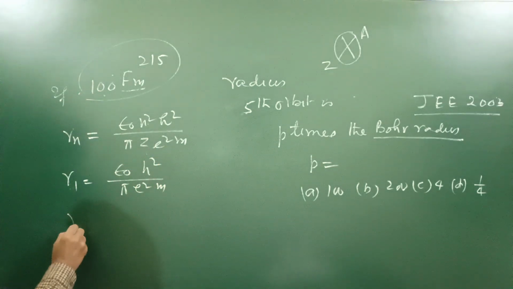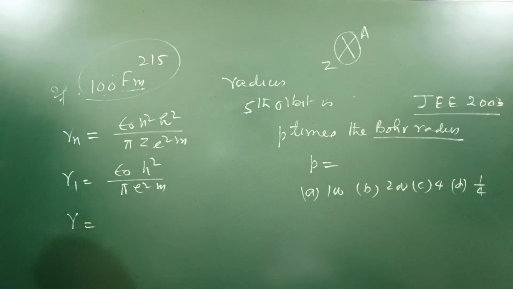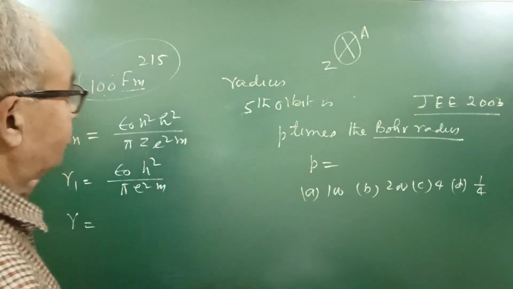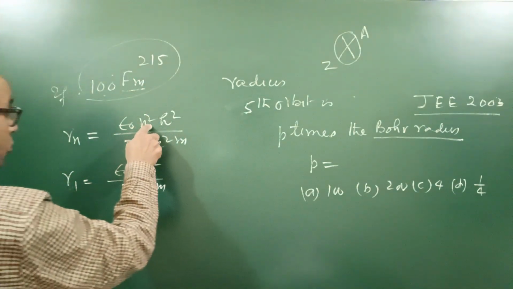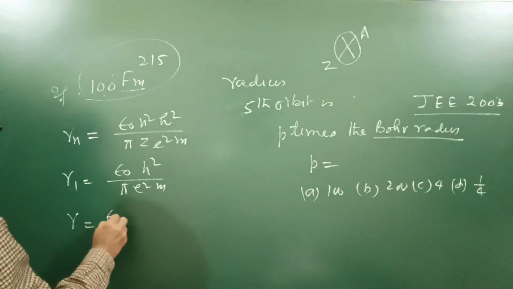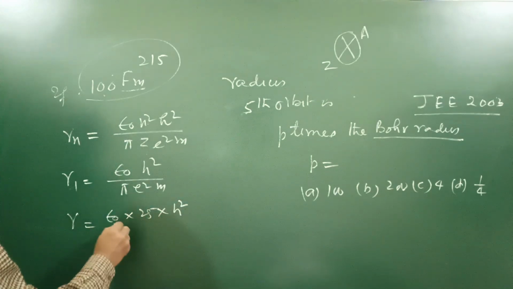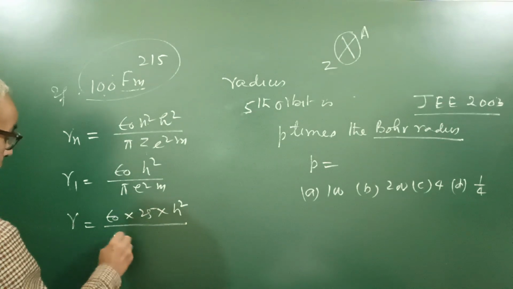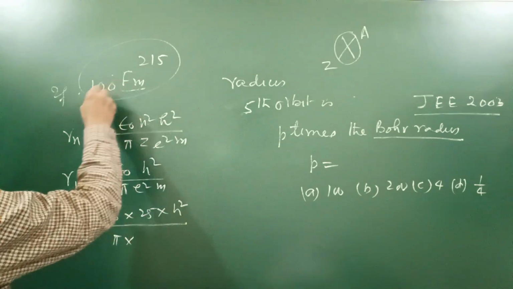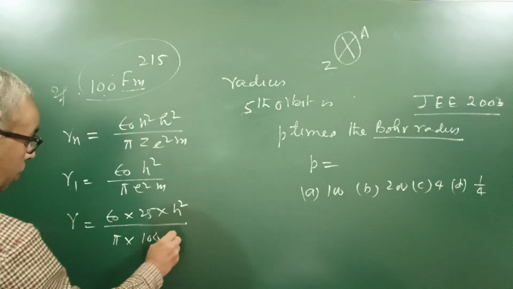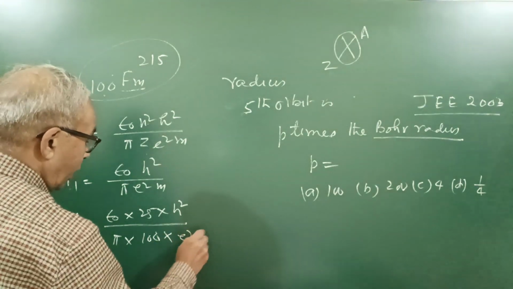For this atom, radius of fifth orbit of this atom, यानी कि here you have to use n5, epsilon 0 into 25 into h square upon pi into Z 100 into e square m.